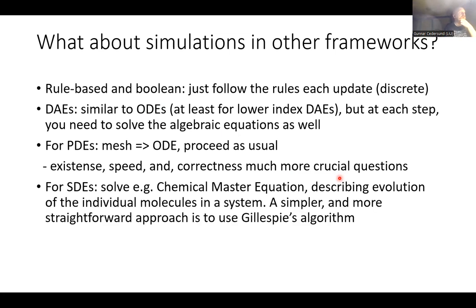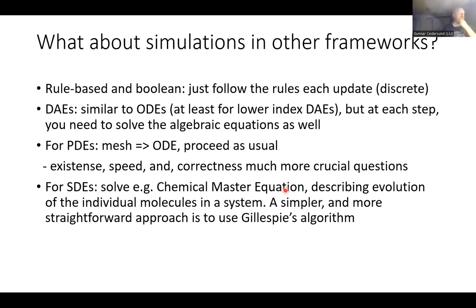So the final one that we'll talk about here is stochastic differential equations, where you have this type of stochastic components. And if they are based on reactions, then you need to solve something called the chemical master equation, which is a very hard to solve equation.